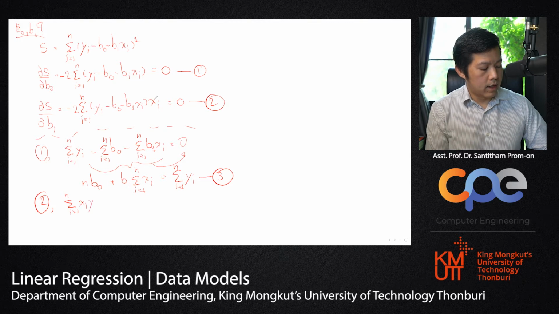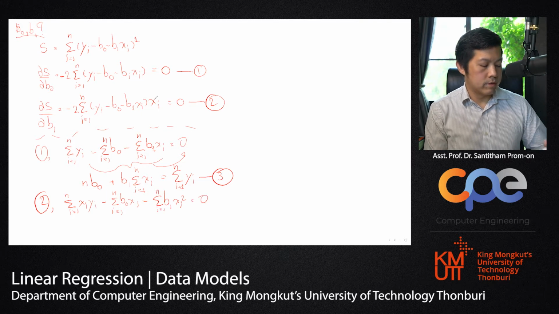Here, xi yi, and minus the summation of b0 xi, i equal 1 to n, and minus the summation of b1 xi square, i equal 1 to n, equals 0.